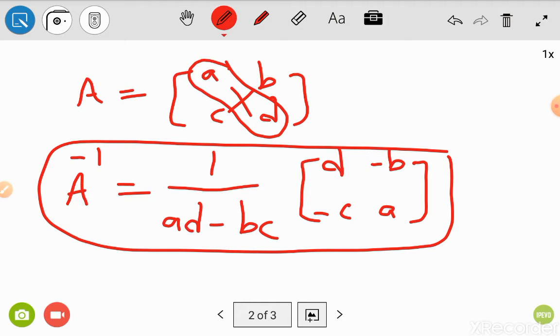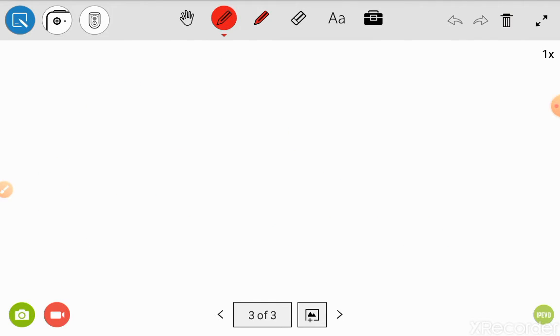Now I'm going to give you an example. If you have matrix A equals -1, -2, 3, 4.